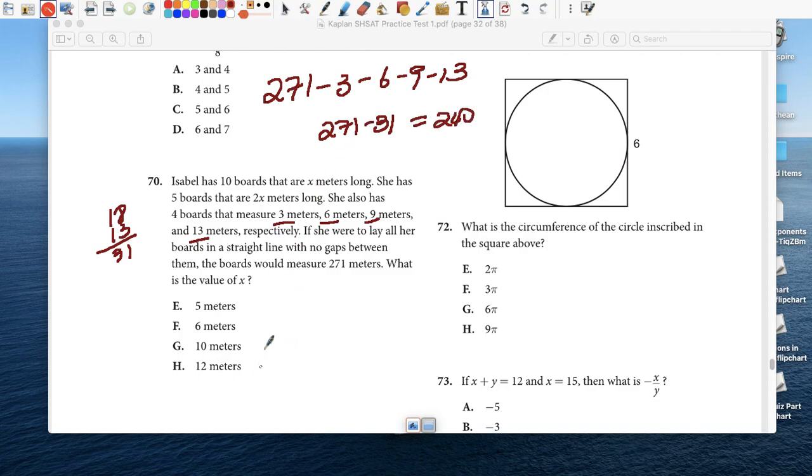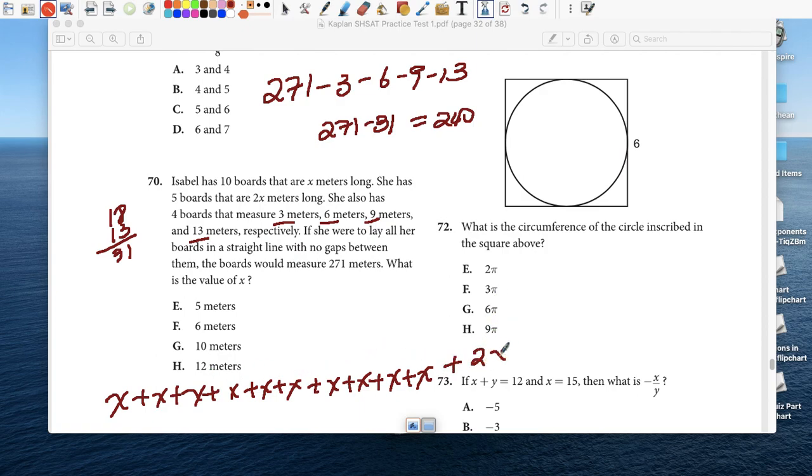And then we have 10 boards that are x meters long. So we have x plus x plus x, 10 times. You didn't have to write this, but I'm just showing you, right? I have 10 boards each measuring x, and 5 of them that measure 2x.